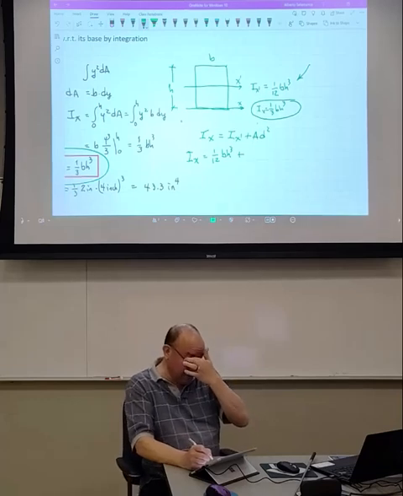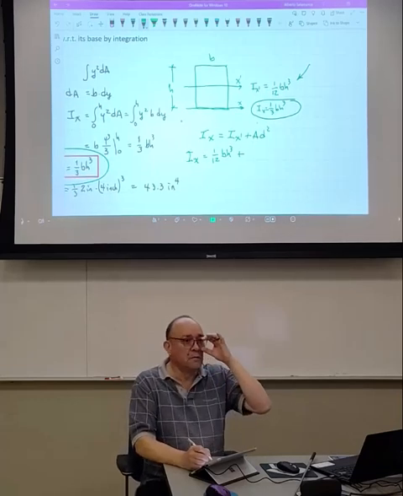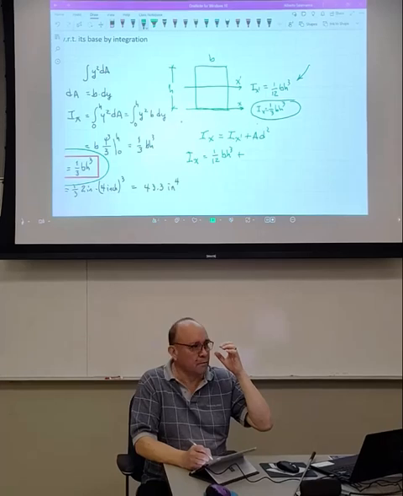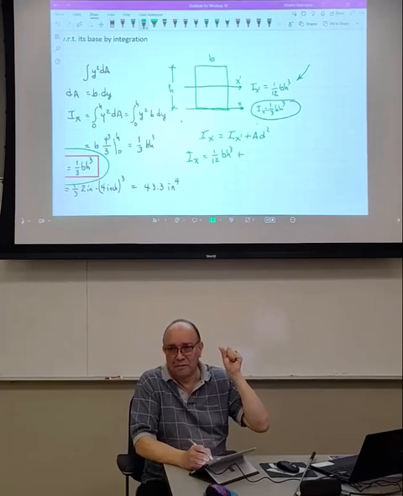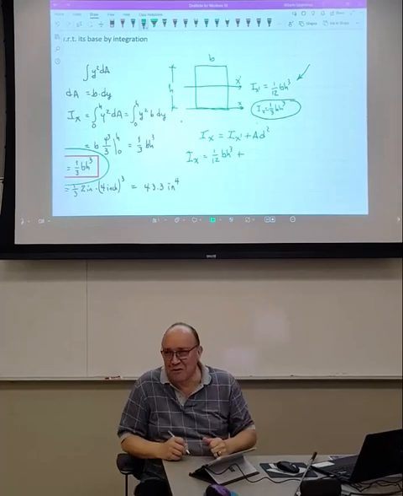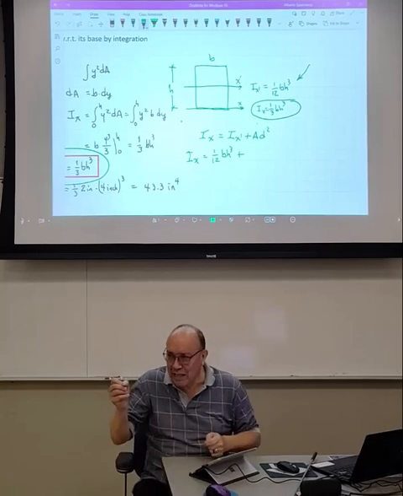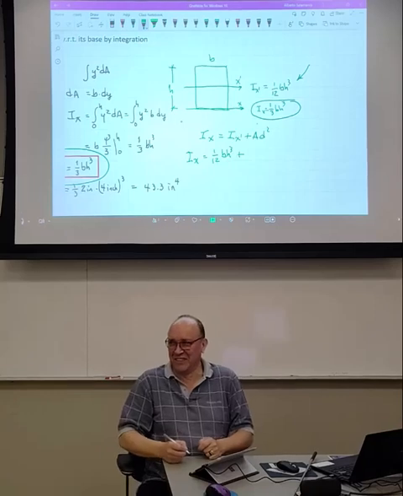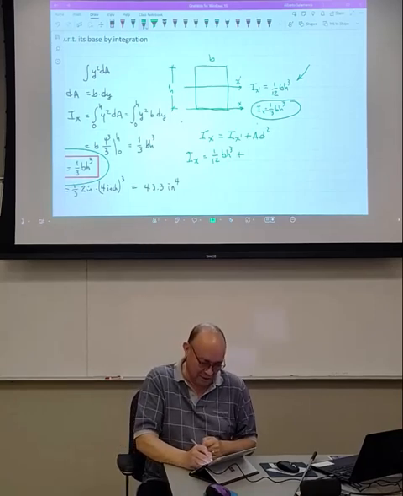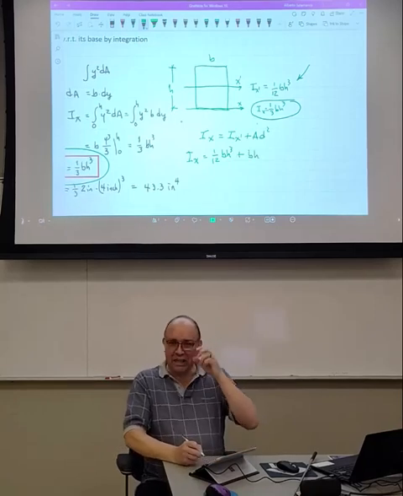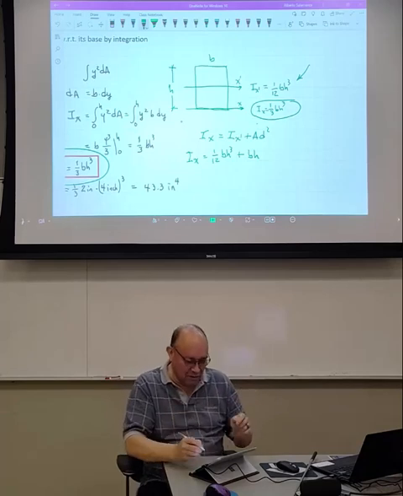What is the area of that rectangle? Who is awake here? No, it's b h. That's the area of the rectangle, times the distance.